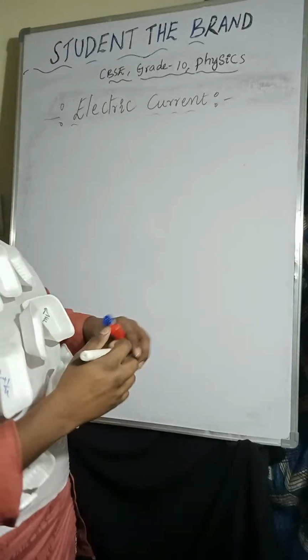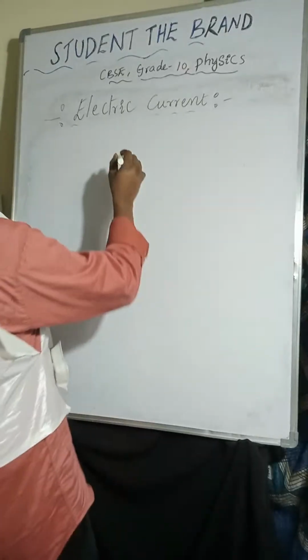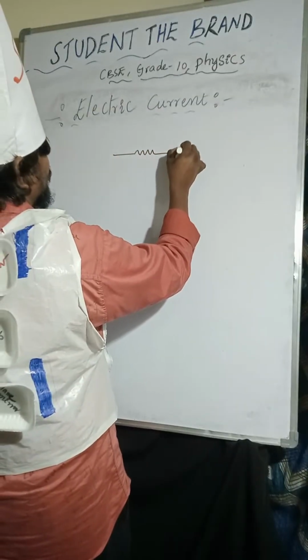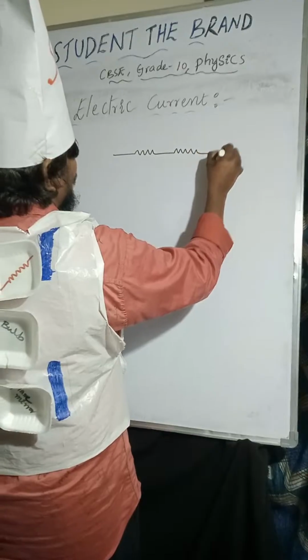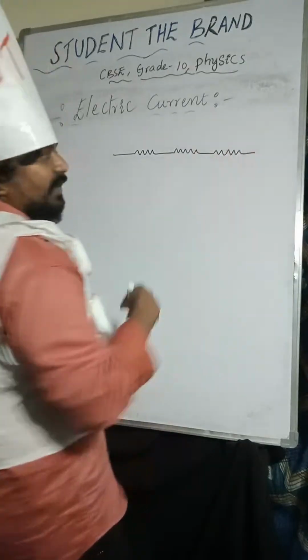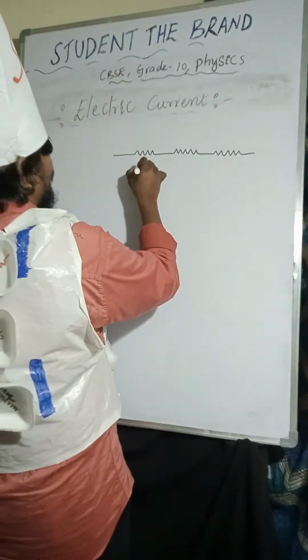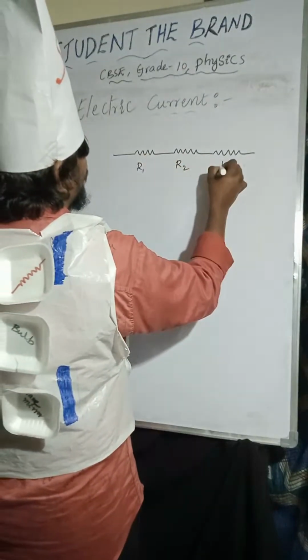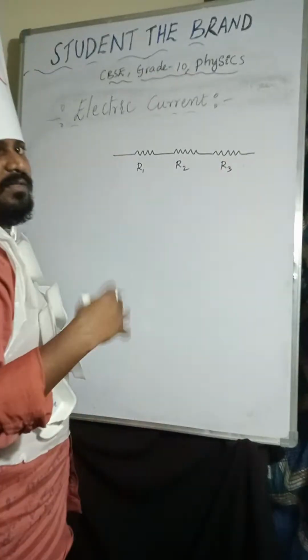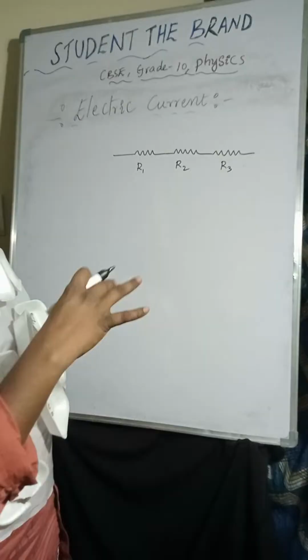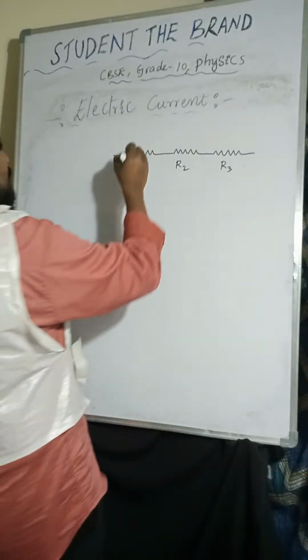So I am connecting now, so you can see: 1, 2, 3. So 3 resistors, R1, R2, R3, are connected in series combination.